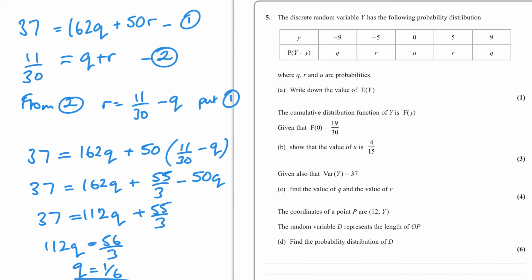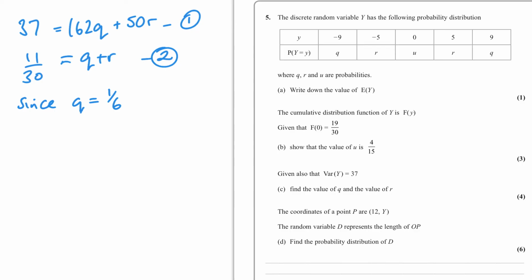Now I'm just going to make a little bit more room, and then I'm going to substitute this q into my second equation. And now we have 11 over 30 equals 1 over 6 plus r. So r is going to be 11 over 30 minus 1/6. And that will give me 1/5. So you can see my value of q is 1 over 6, and my value of r is 1 over 5.